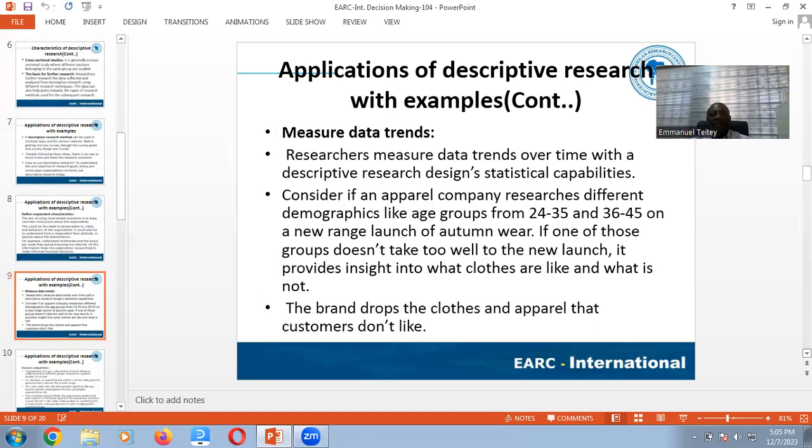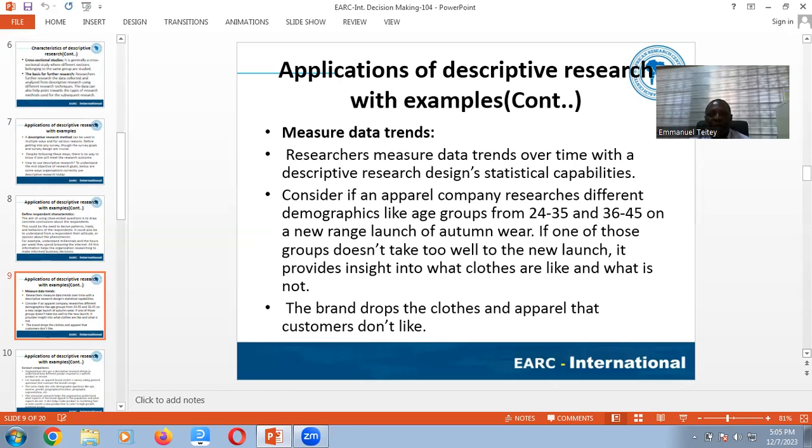Measuring data trend. Application of descriptive research with examples. Researchers measure data trend over time with a descriptive research design's statistical capability. Consider if an apparel company researches different demographics, like ages 24 to 30 and 36 to 40, on a new range launch of autumn wear.